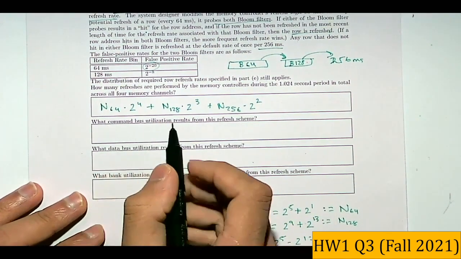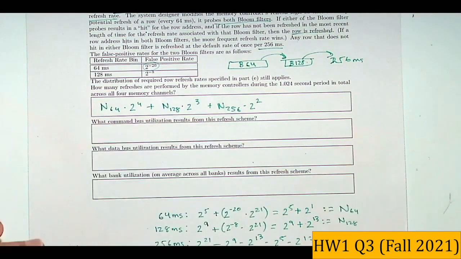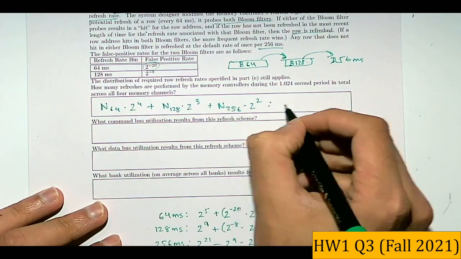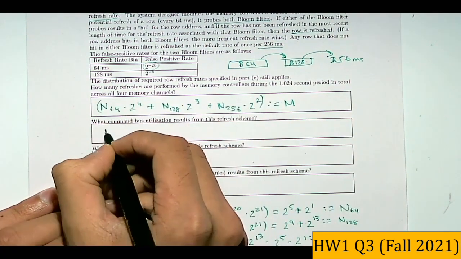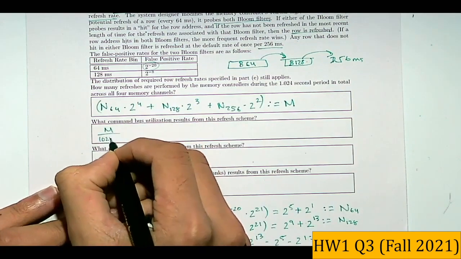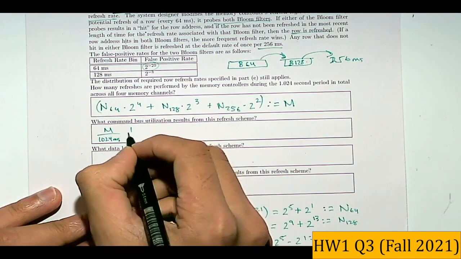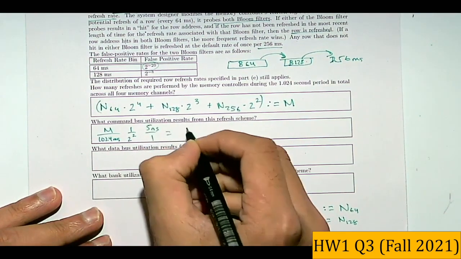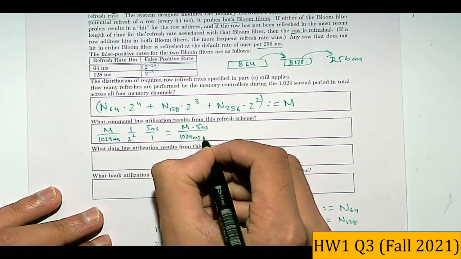So then what command bus utilization results from this refresh scheme, right? Same analogous computations as before. We have this quantity, which I'm going to define as M. And so we have M refreshes per 1024 milliseconds. For the command bus, we have 4 channels in the system, and then we have 5 nanoseconds per refresh. And so we end up with M times 5 nanoseconds over 1024 milliseconds times 2 to the 2.